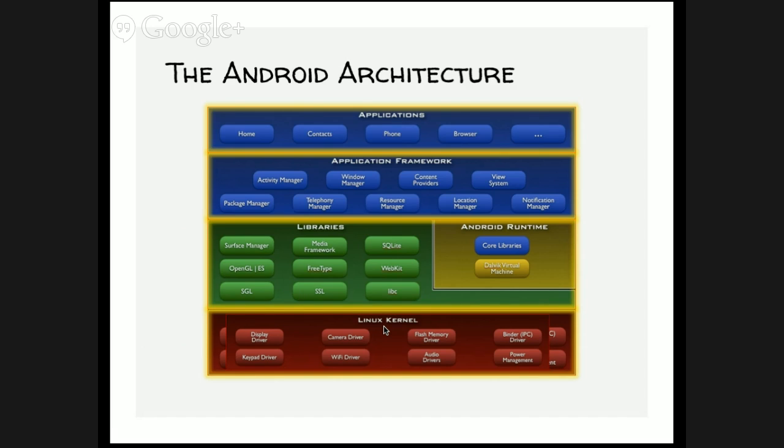Then the bottom part is the Linux kernel, which is running in privileged mode. One way of saying where you need privileges is whenever you directly access real hardware, you need authenticated or super user access. Because you don't want any third-party application doing something with your graphics card or network card.